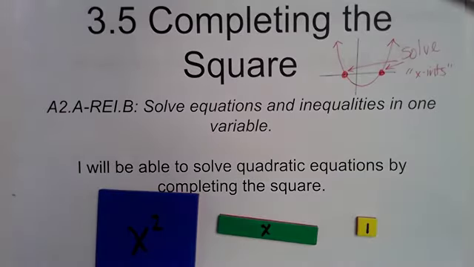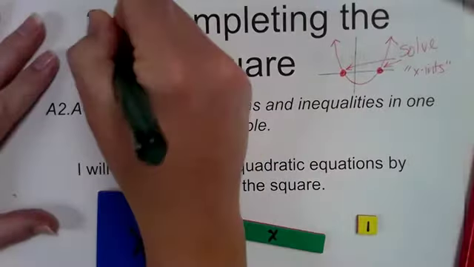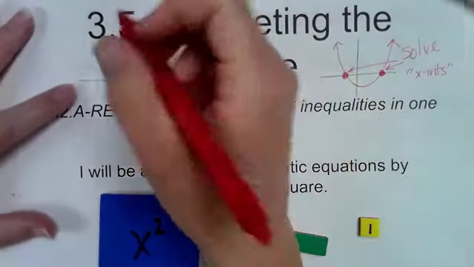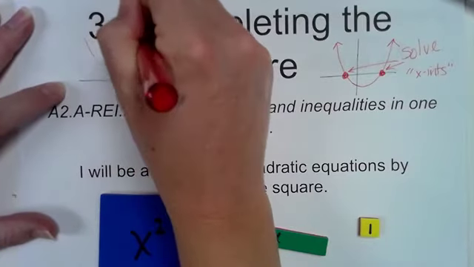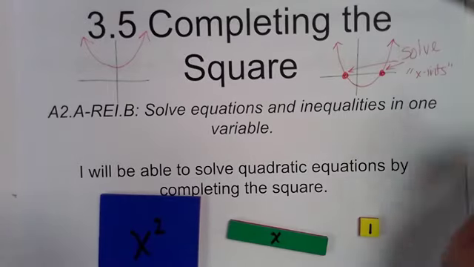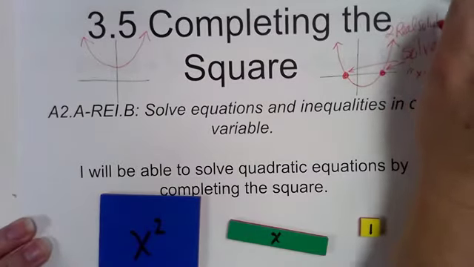Now, our problem is that here we have two real solutions, but more often than not, we have a parabola that's floating in outer space. What about this parabola? How many solutions does it have? This one has two real solutions.